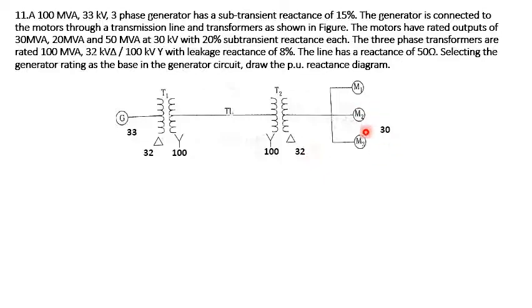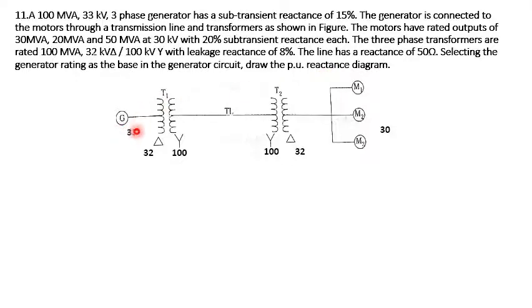These are working at 30 kV with a subtransient reactance of 20%. There is a transformer rating of 100 MVA, 32 kV delta, 100 kV star side, with a leakage reactance of 8%. The line has a reactance of 50 ohm. Selecting the generator rating as the base in the generator circuit, draw the reactance diagram.